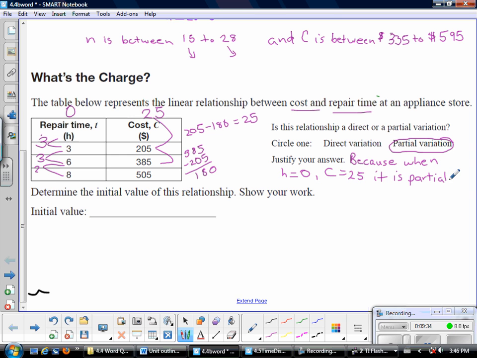It would need to be c equals 0 for this to be direct.